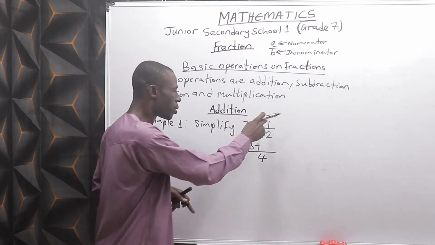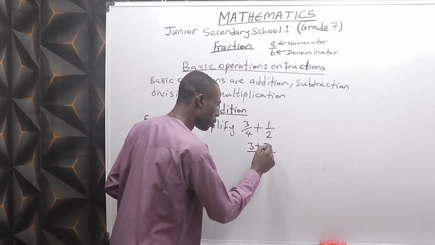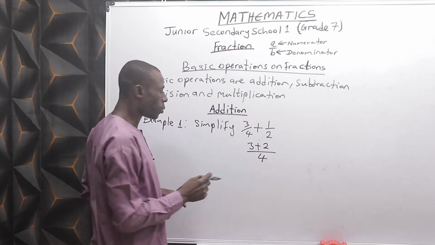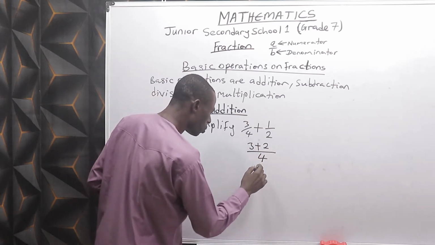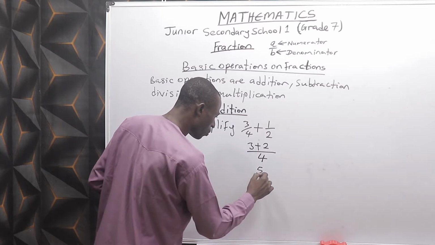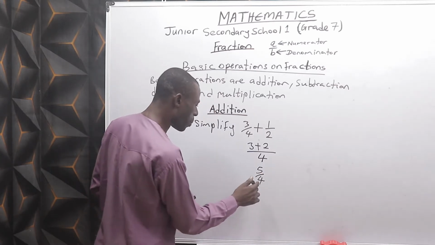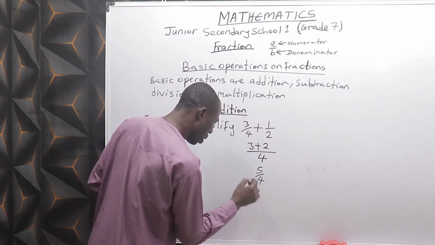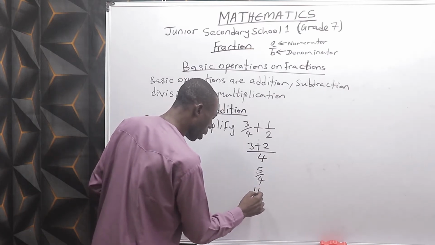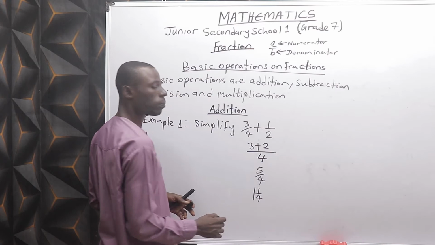That 2 times this 1 gives us 2. 3 plus 2 gives us 5 over 4, which in mixed fraction is 1 whole number 1 over 4.